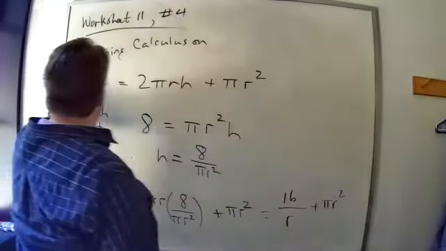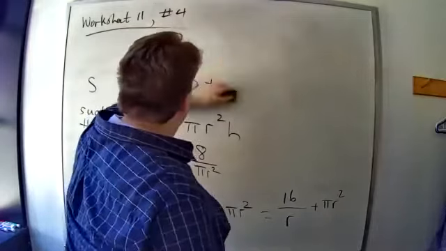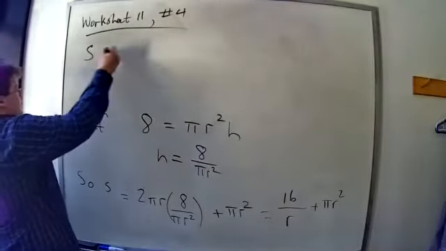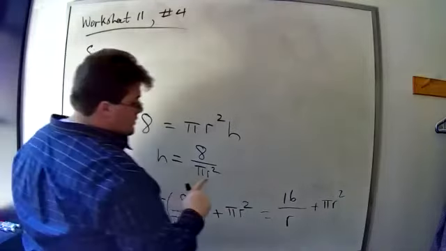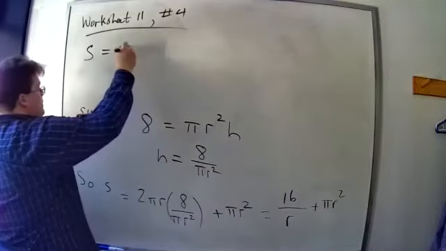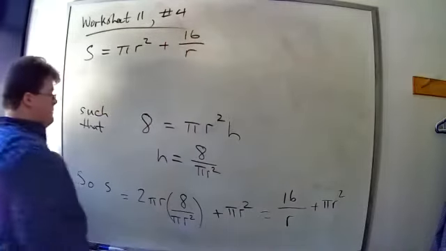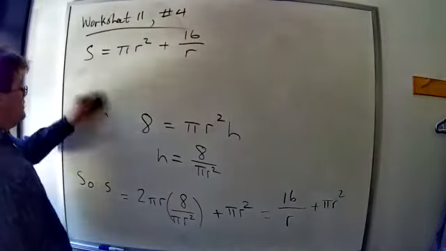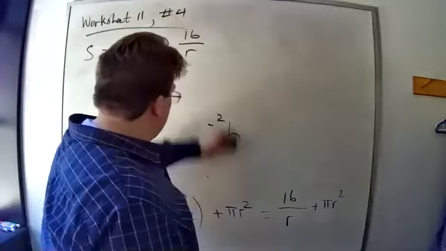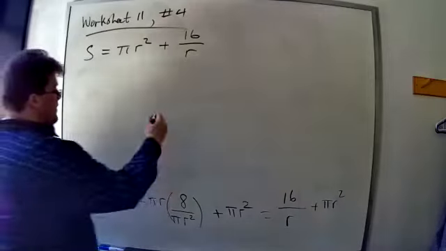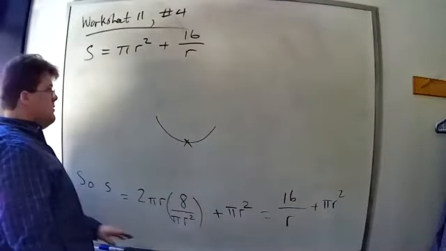So now we can do our calculus since it's one variable. I'm just going to rewrite that up here. I'm actually going to write the pi r squared first. So we have our surface area function. So let's find its derivative, let's find where it's 0, and then let's show that that gives a minimum.